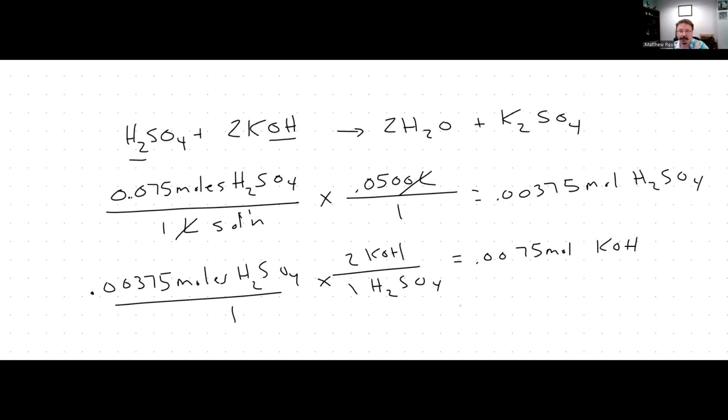So if I take the number of moles that we need and divide it by the molarity, I will get my volume, and that should be 0.05 liters or 50 milliliters. So it makes sense. If we need twice as much KOH, but it is twice the concentration, it would be the same volume.